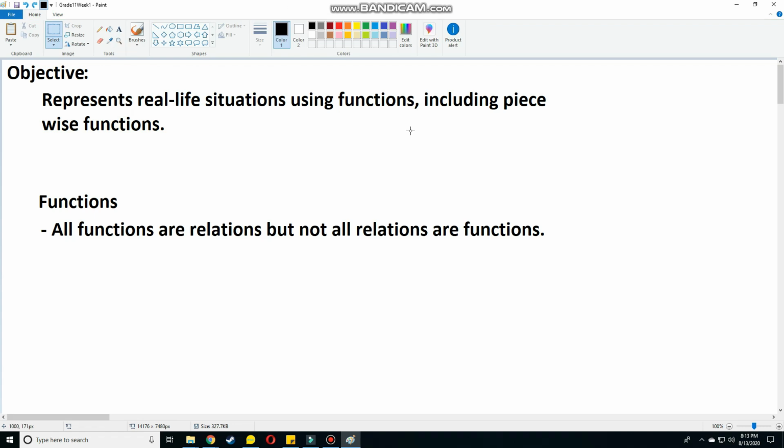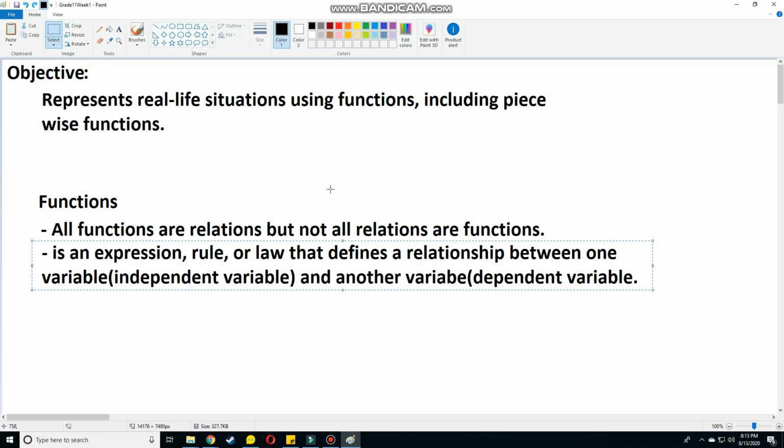Okay? And why is that? It's because a function is a relation whose every input corresponds with a single output, and that is why not all relations are functions. And let's have another definition.